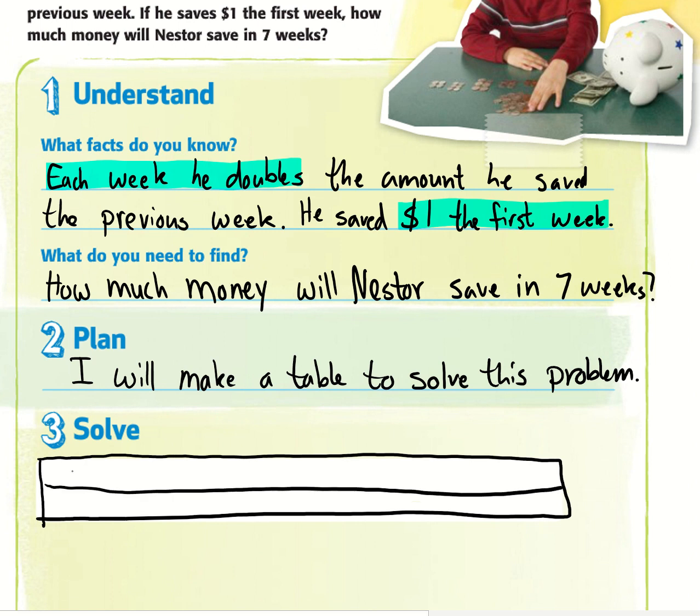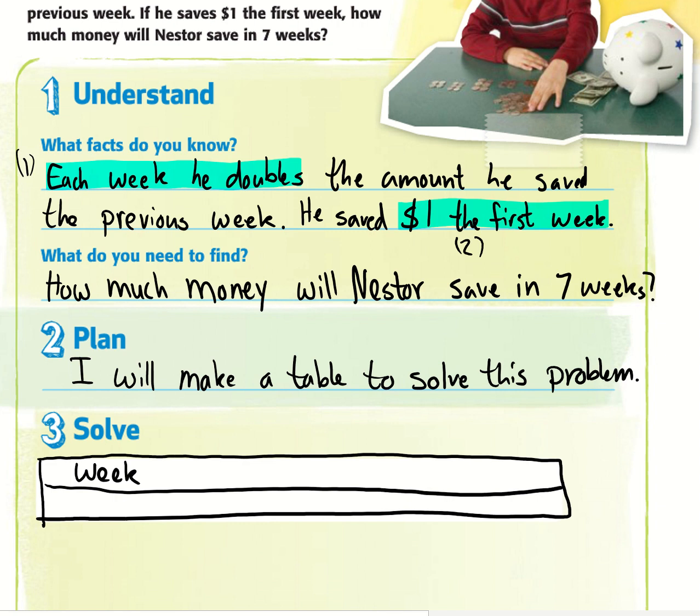The first section is going to be each week, and the next section is the amount he saves.